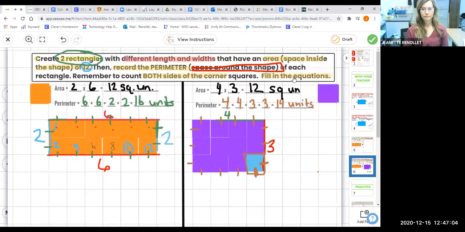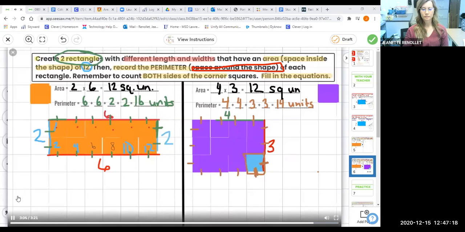So whether I count the edges one by one, or I add them using the dimensions, I'm going to get the same answer. We can see that we have 2 rectangles with the same area of 12, but different perimeters.